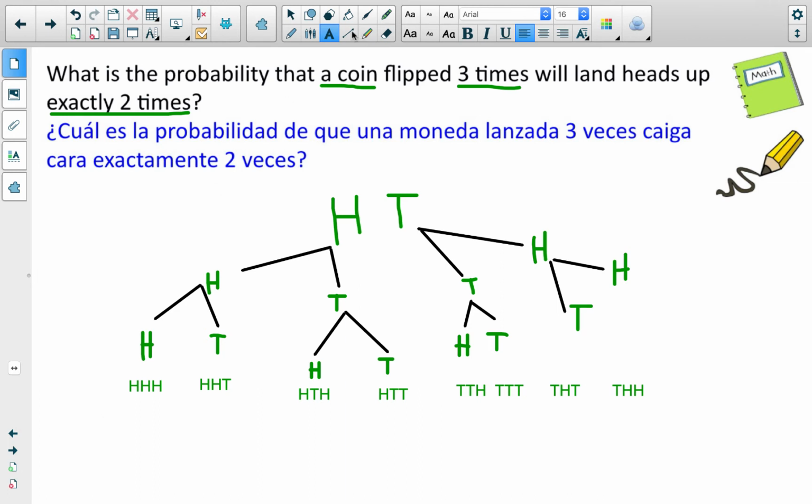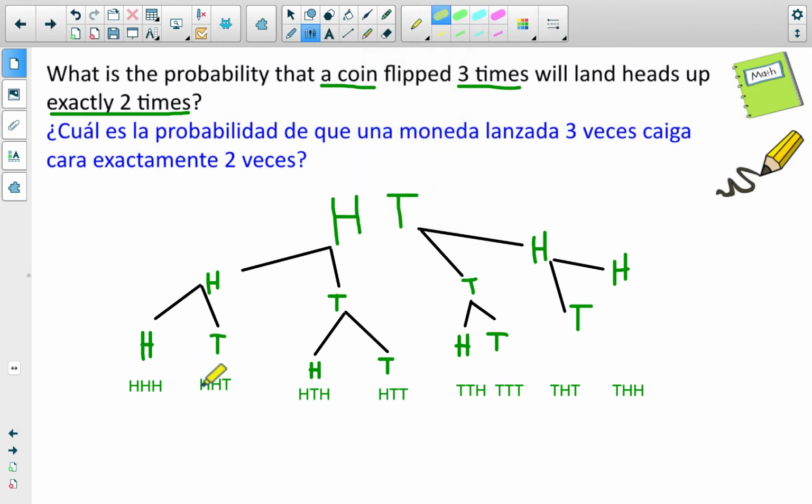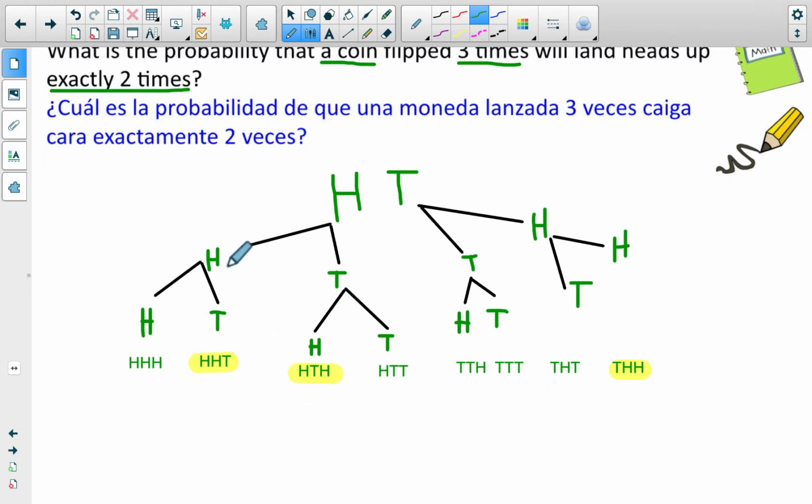Now, heads exactly 2 times. I'm going to just use my highlighter here, and I'm going to look for heads exactly 2 times. All right, 1, 2, 3. So we have 8 total outcomes. We have 3 that meet the criteria, 3 that are favorable outcomes.